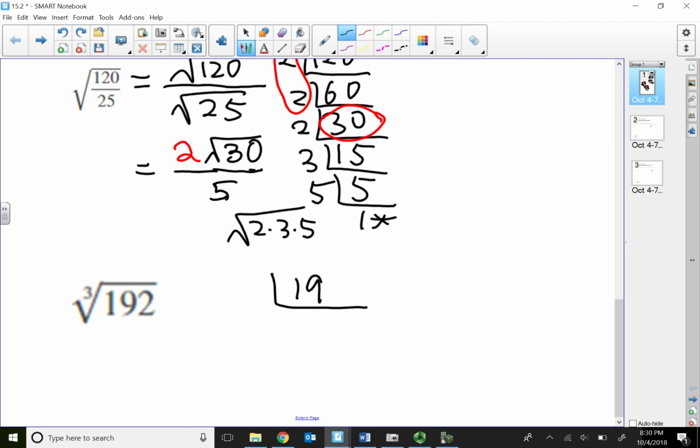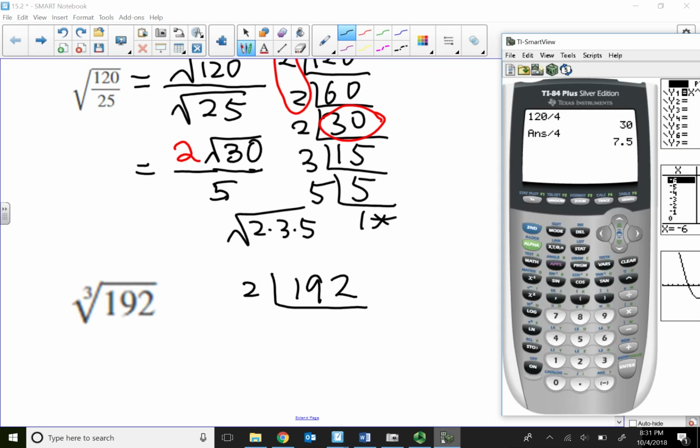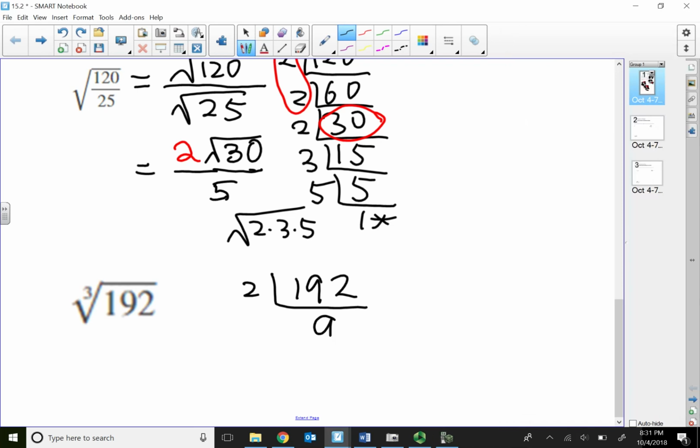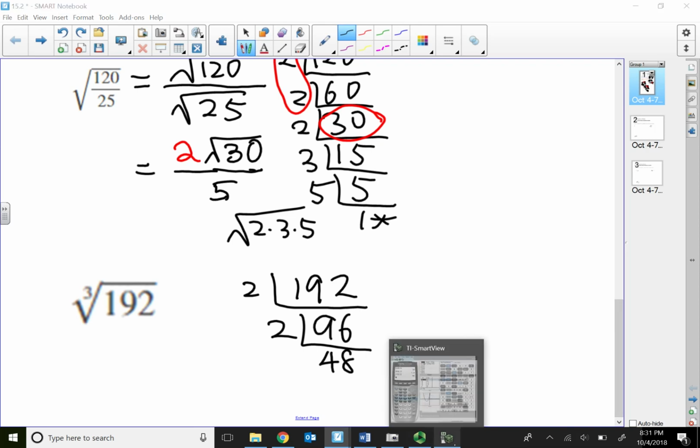I know prime number 2 can go into 192. A lot of times, when we do this, it's really interesting. If I just use a 2 to go into it, that's 96. Well, 96 isn't a perfect cube number. Let's keep on breaking it down. 2 goes into 96 about 48 times. Let's make sure.